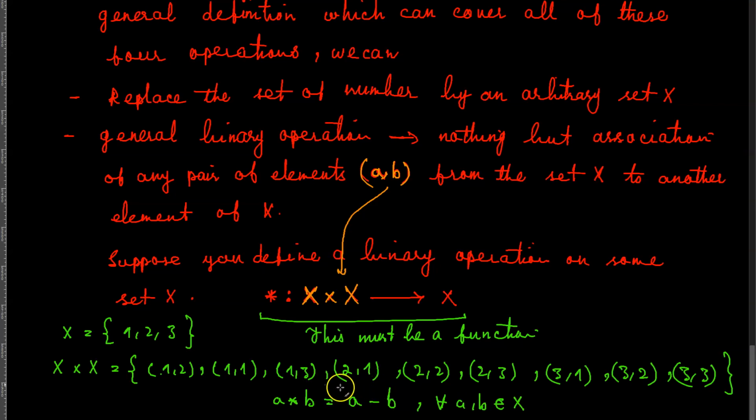So what that means is that if I calculate, for example, A star B or 1 star 2, I can write the star of 1, 2, or I can write 1 star 2, that is equal to 1 minus 2, which is equal to negative 1.